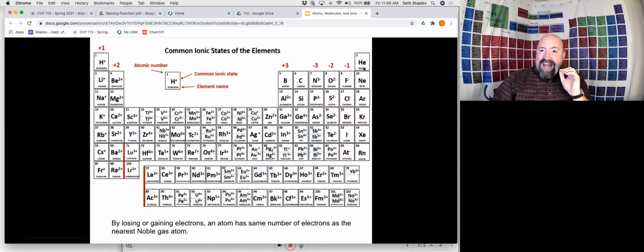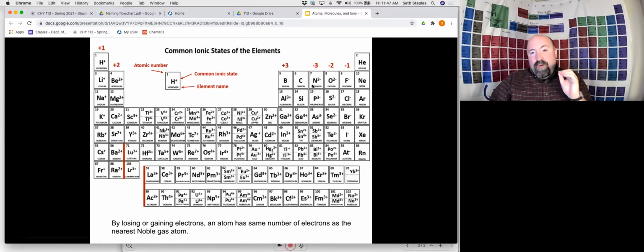We come to our halogens, fluorine, chlorine, bromine, iodine, and even little astatine, or I should say big astatine, will all form -1s. Everything in this column will form a -1. Everything in this column that we're going to work with will form a -2. Everything in this column that we'll work with will form a -3.